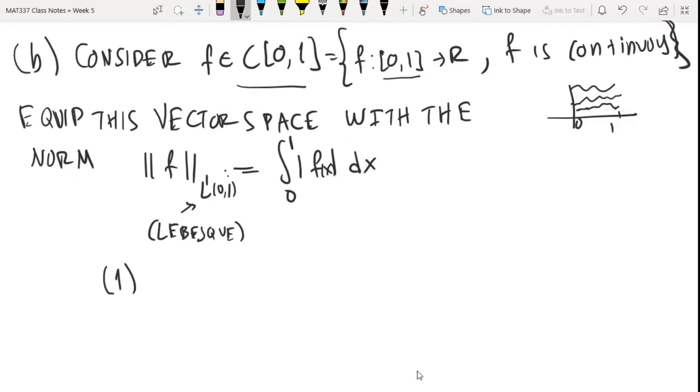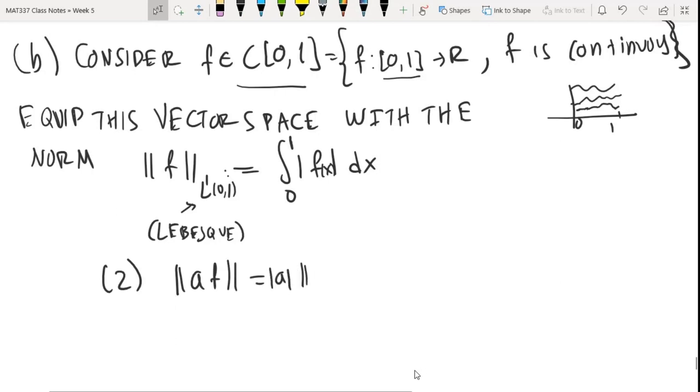So let's prove its properties. Let me first do the last two, because the first one is hard. So 2, and I will do the one at the end. So we want to show that the norm of a f is equal to the absolute value of a times the norm of f.